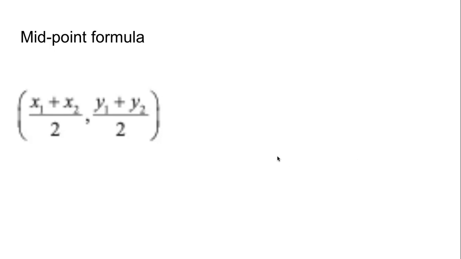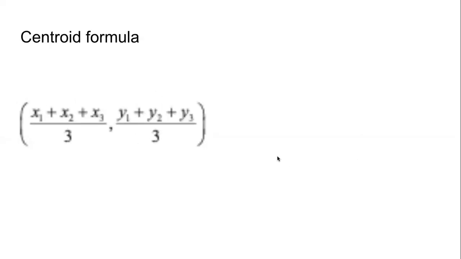Similarly, we applied the section formula to the centroid of a triangle. Centroid is the point of concurrence of medians of a triangle. Median is the line segment which joins the vertex to the midpoint of the opposite side. All triangles are made up of 3 vertices.